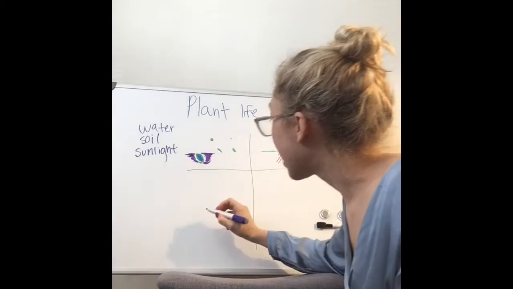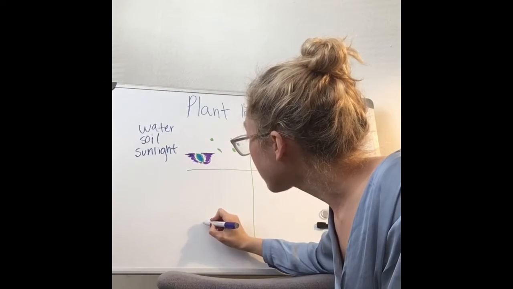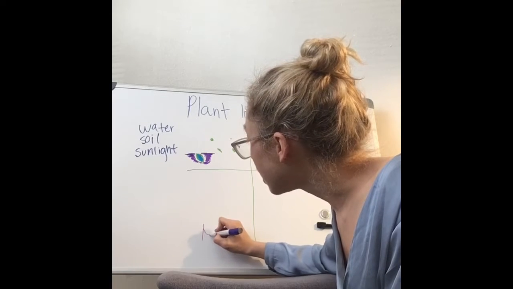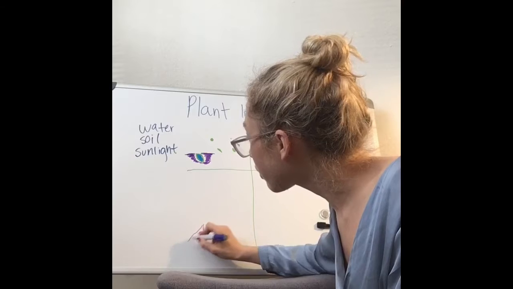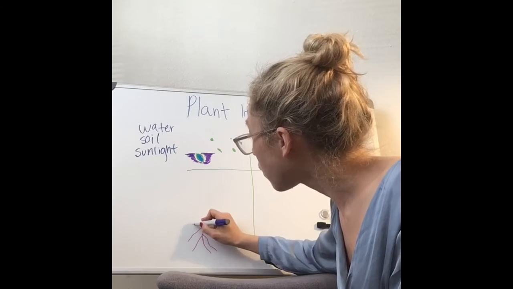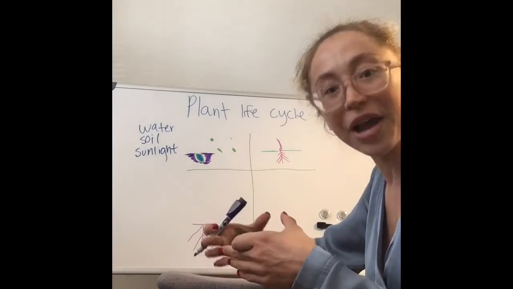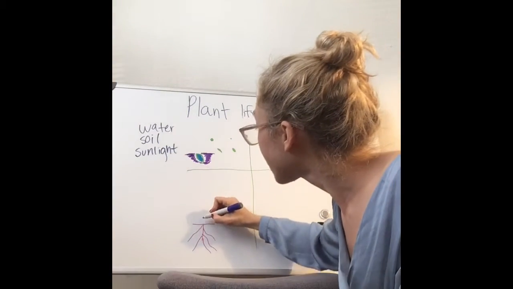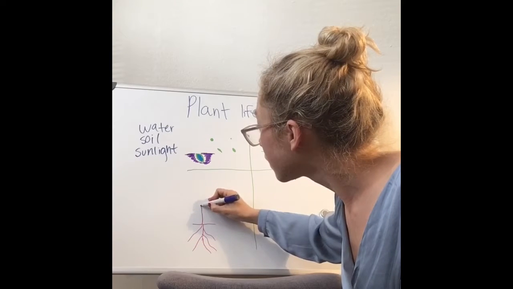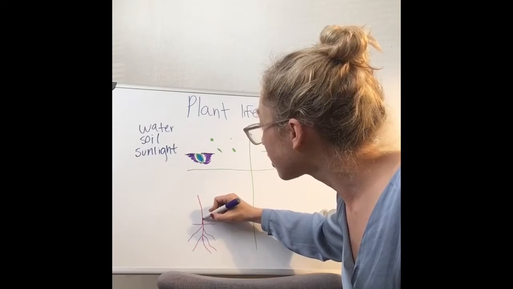So the next phase is that from the little sprout, the plant will continue to grow. The roots will continue to grow into the earth or into a little pot if you're growing it at home. And the shoot will continue to grow up into a plant.